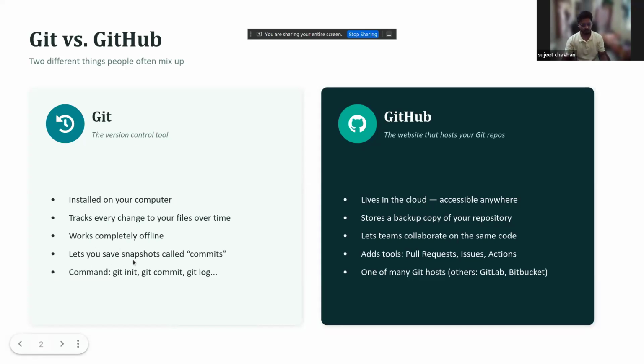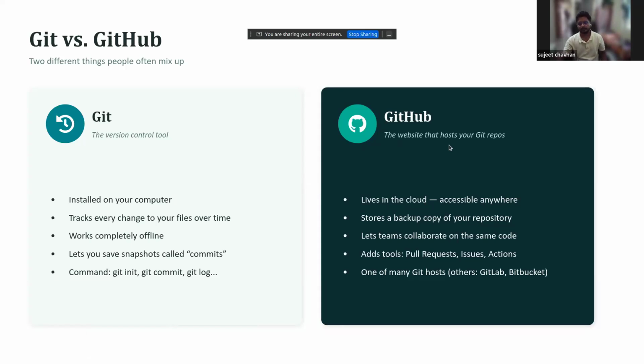Let's say you do git init. You will see these commands in upcoming slides. First, understand Git is local to your computer, which tracks what changes you are making and what files you are adding. The next thing is GitHub. GitHub is the website that hosts your Git repo.